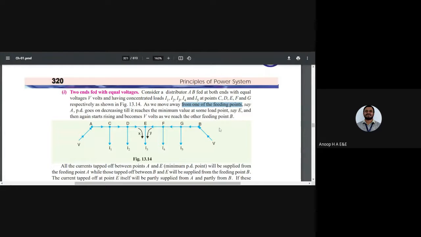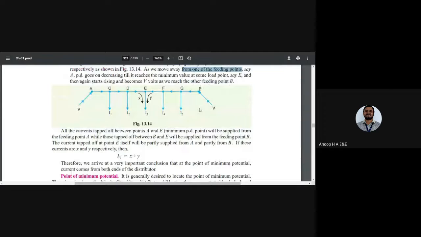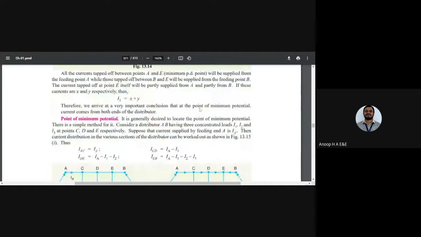So the voltage increases and becomes V volts at point B, as we reach the other feeding point. Now let us understand with the help of certain equations.